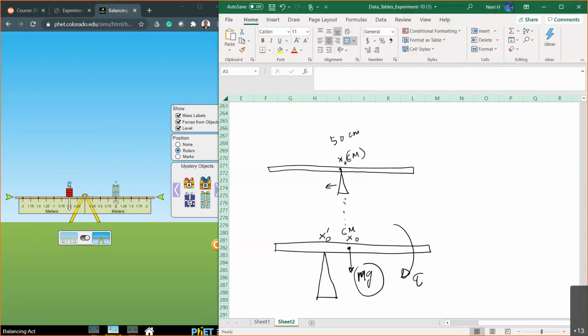It will create torque around the fixed point on the right-hand side. That is actually the torque from W, which is negative, a negative number. Because of that rotation, you cannot balance this meter ruler this way. If you try to balance it, it will fall down.